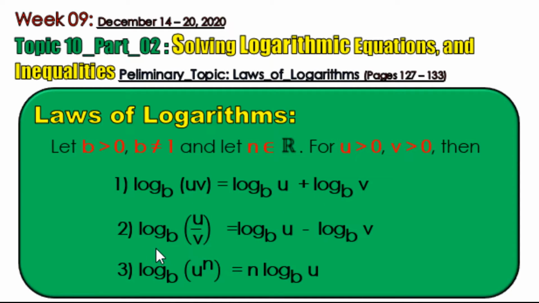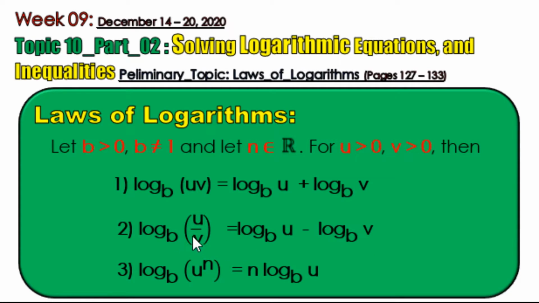For the second law, we have the logarithm of u divided by v to the base b is equal to the logarithm of u to the base b minus the logarithm of v to the base b.